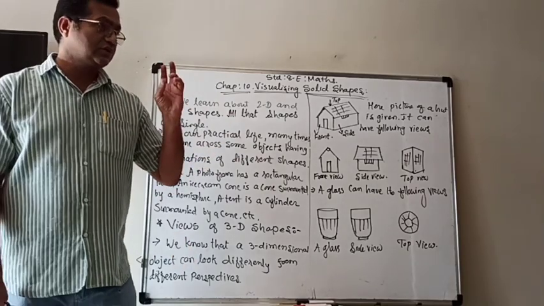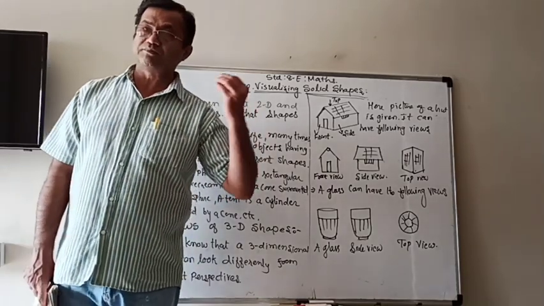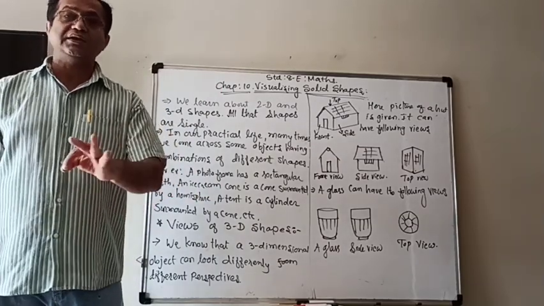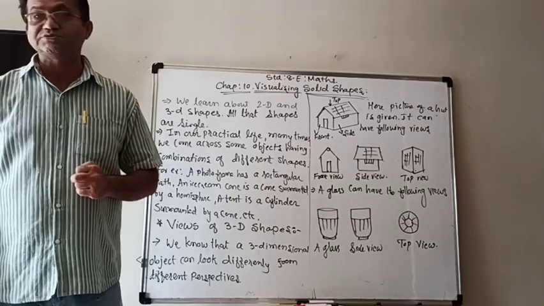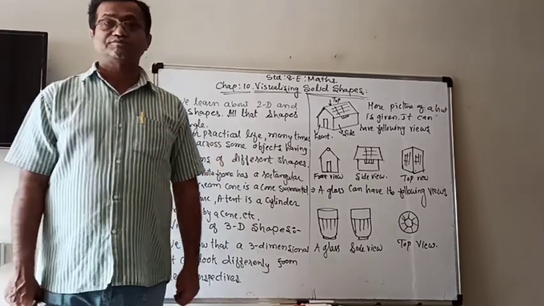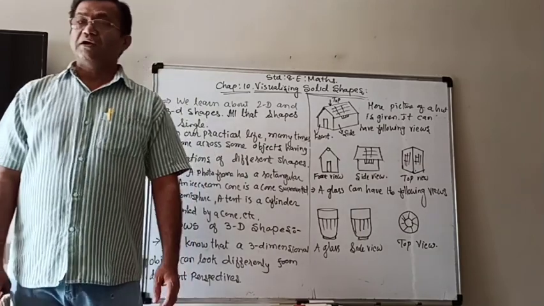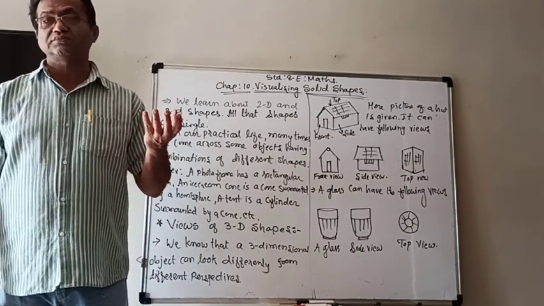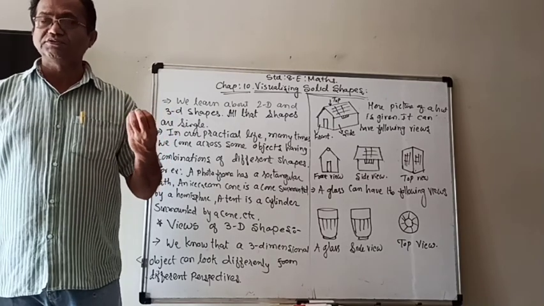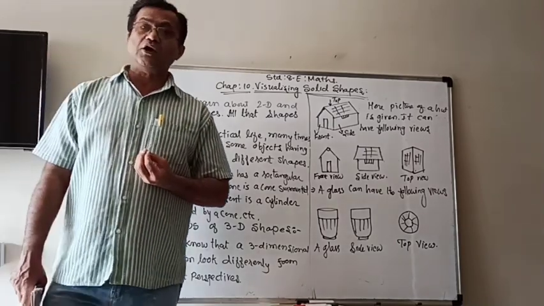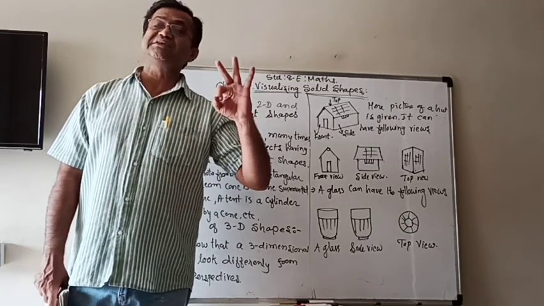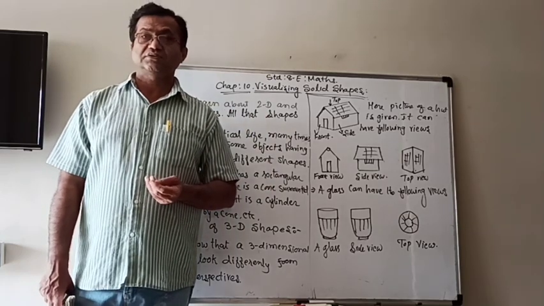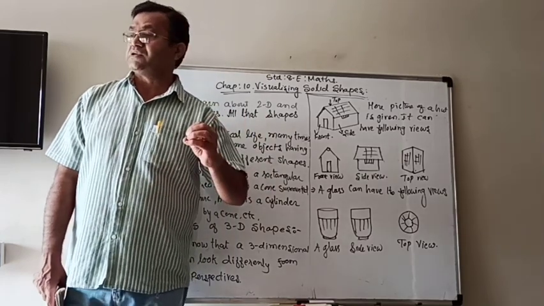Squares, rectangles, all the quadrilaterals like trapezium, circle, triangle, those are the plane two-dimensional shapes. And otherwise the others like cubes, cuboids, cylinders, cones, they have three dimensions: length, breadth and height, and like that.